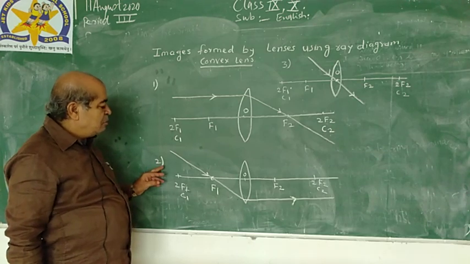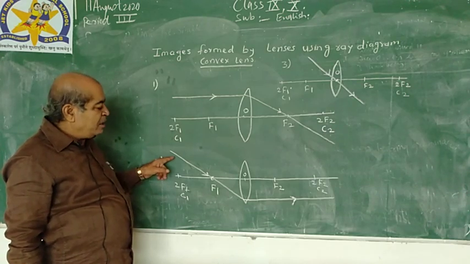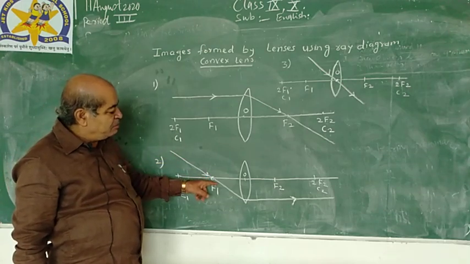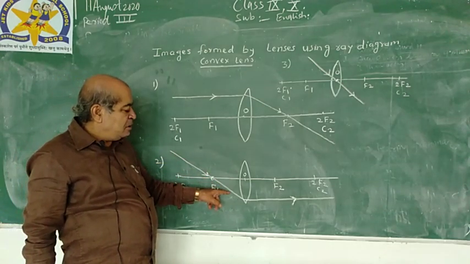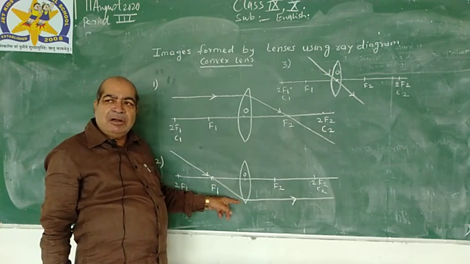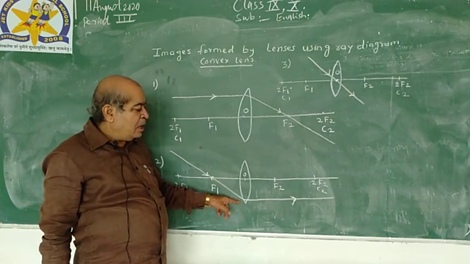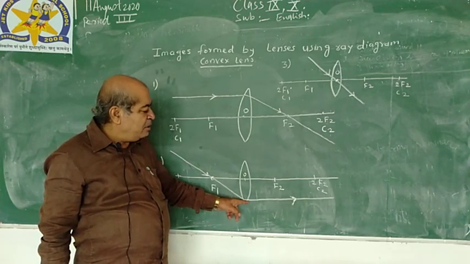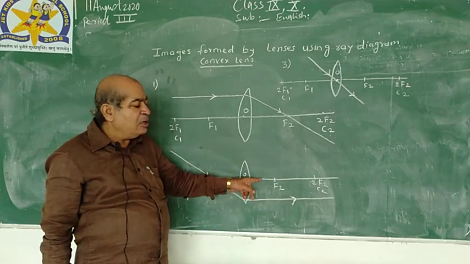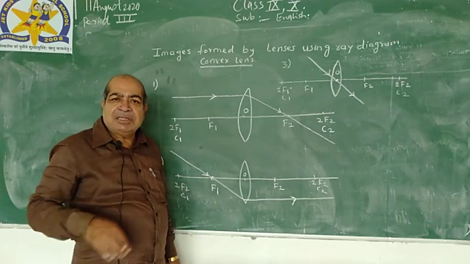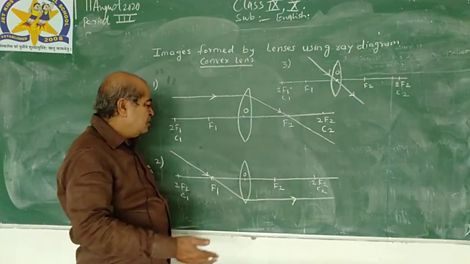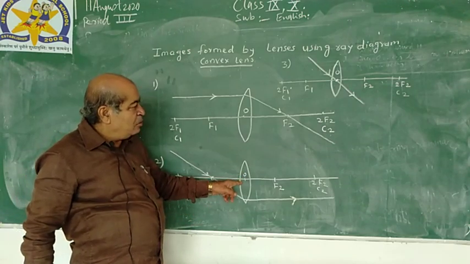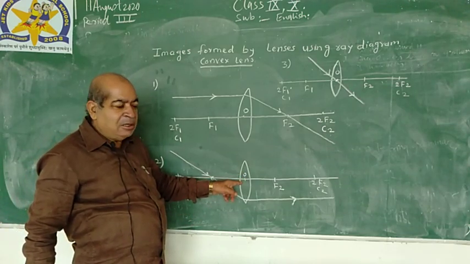The second rule is, when a ray of light passing through the principal focus is incident on the convex lens, after refraction the ray of light emerges parallel to the principal axis on the other side. This is convex lens. O is the optic center.